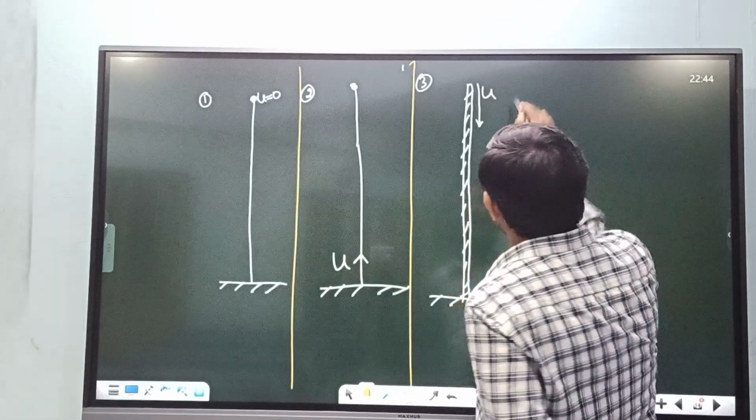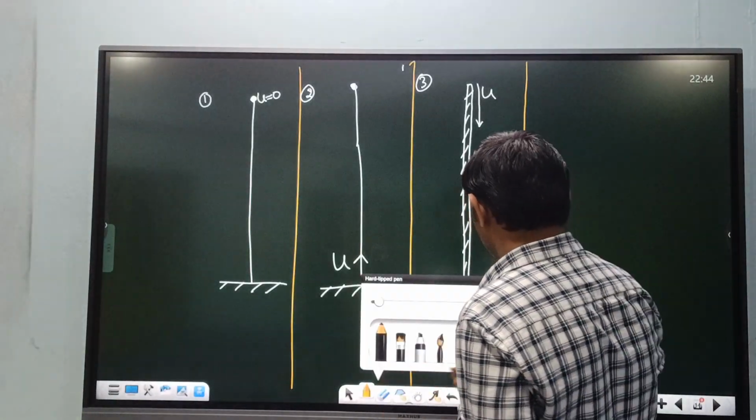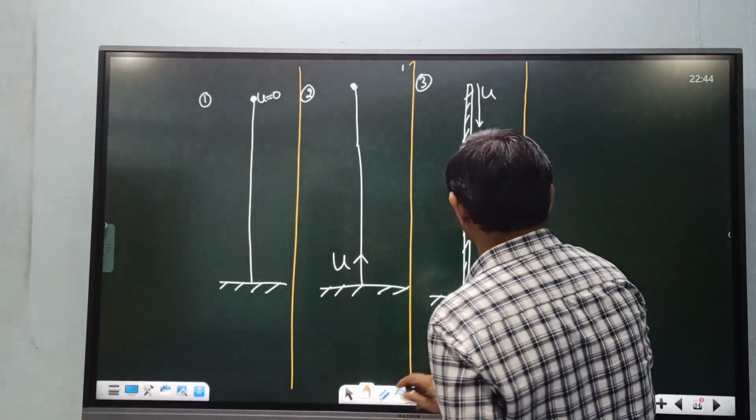We consider this as a tower, and the projection is vertically downward from the top of the tower. Next, the fourth one, vertically upward projection from the top of a tower.